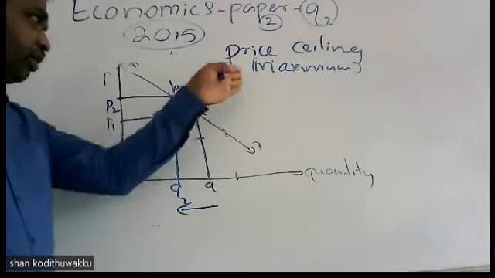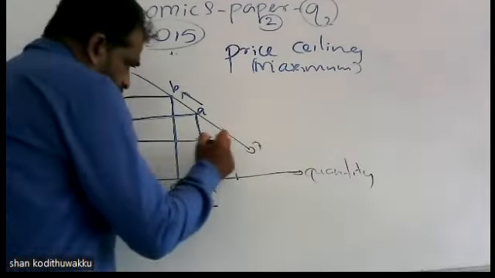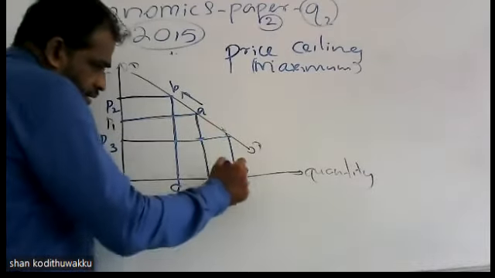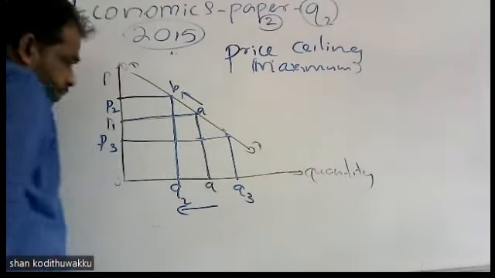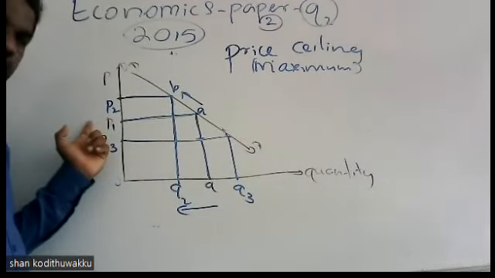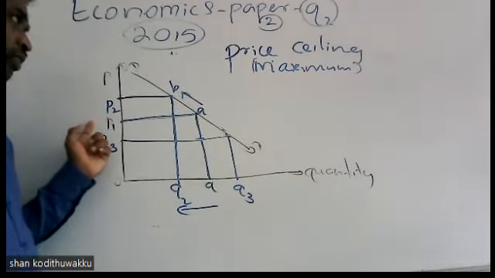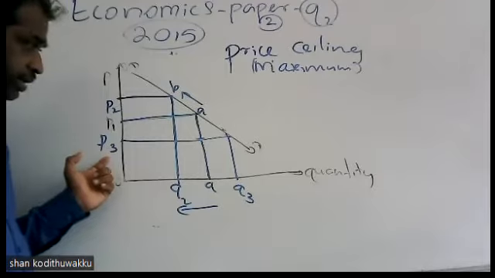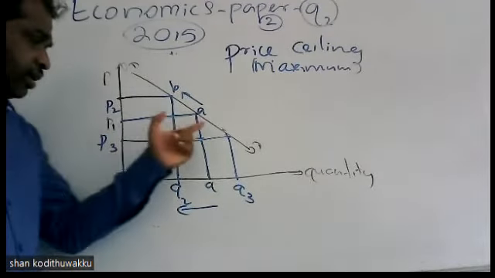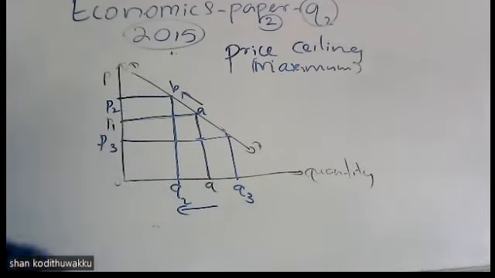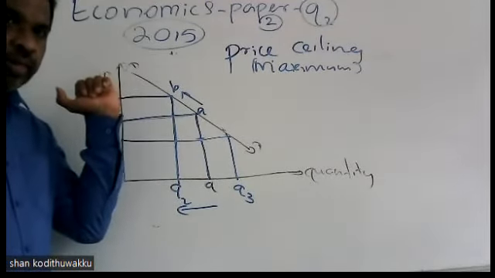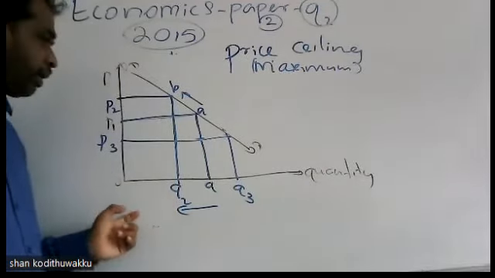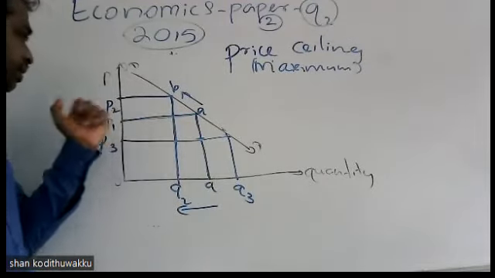Therefore, price ceiling or maximum price will be like this, below the market equivalent price, like P3. Because of price ceiling or maximum price, quantity demand also will increase. Because of price floor or minimum price, quantity demanded will come down, but it can be a higher price than the market equivalent price.